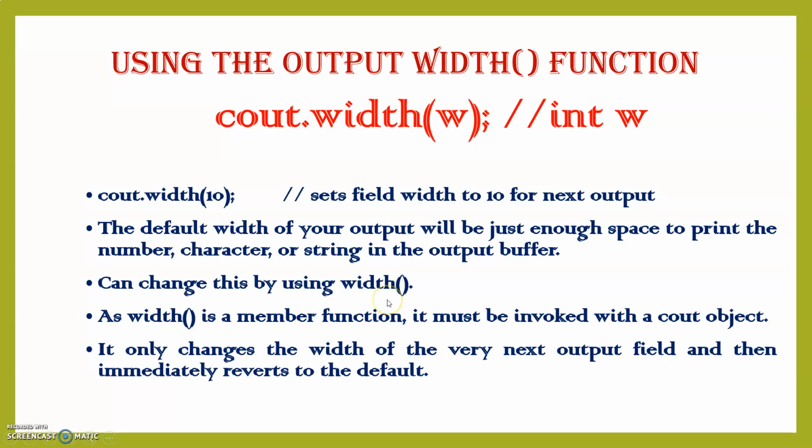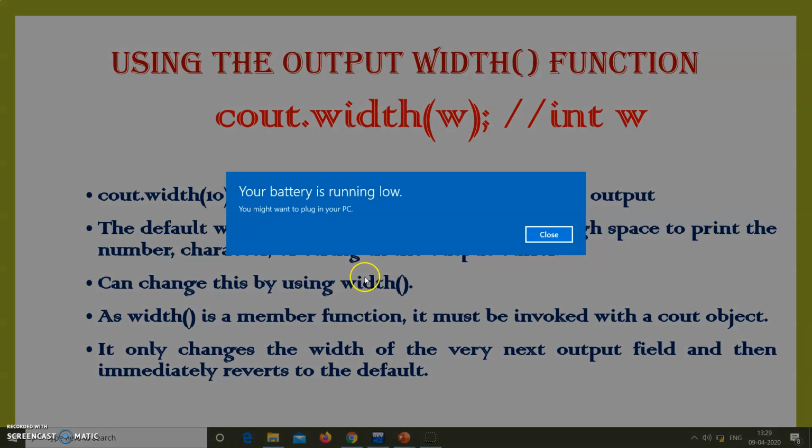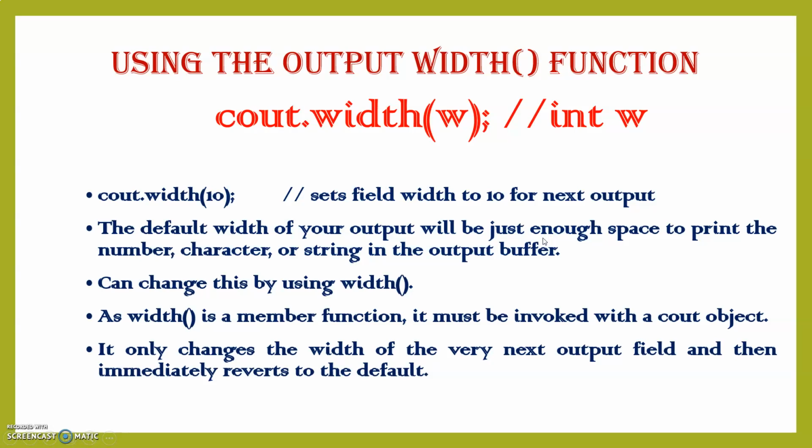In our earlier videos, we saw that C++ supports both formatted and unformatted output, and when we opt for formatted output on the console, we have different varieties to do that. One is using the ios member functions and second is using the manipulators.